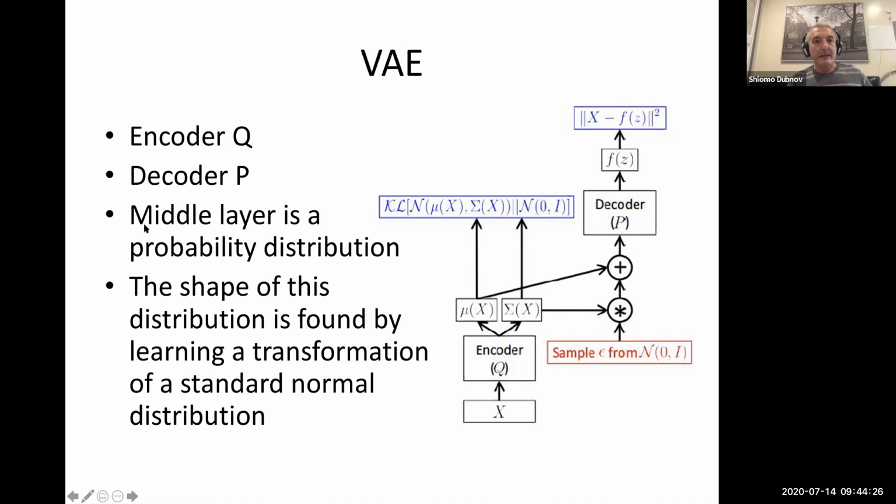So keeping the highlights: the middle layer is a probability distribution, and the shape of this distribution is found by learning a transformation of the standard normal distribution. So this is what we have here. We have a normal distribution, N, with zero mean and unit variance.